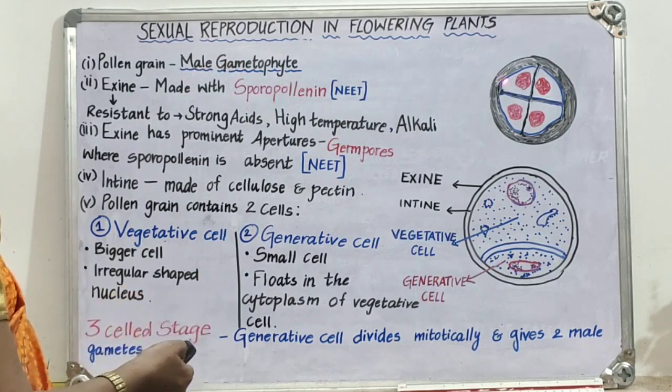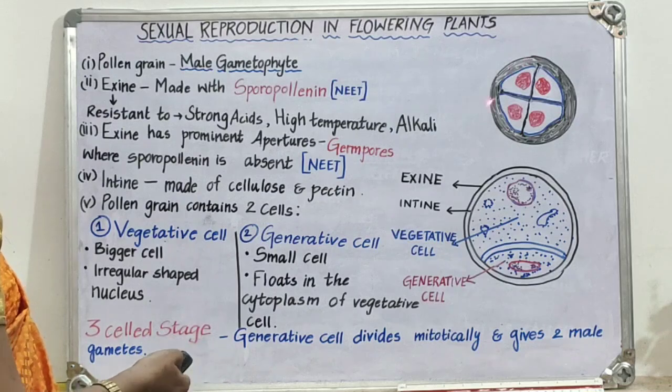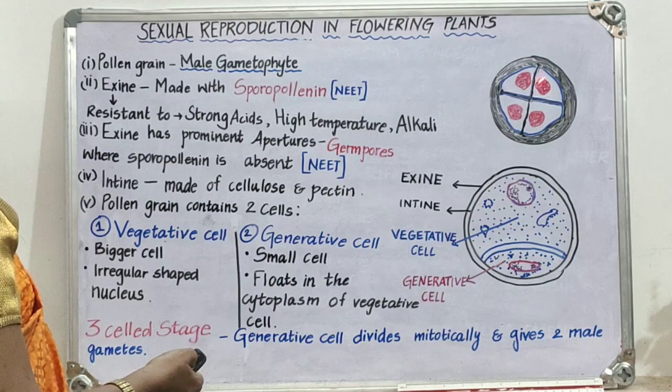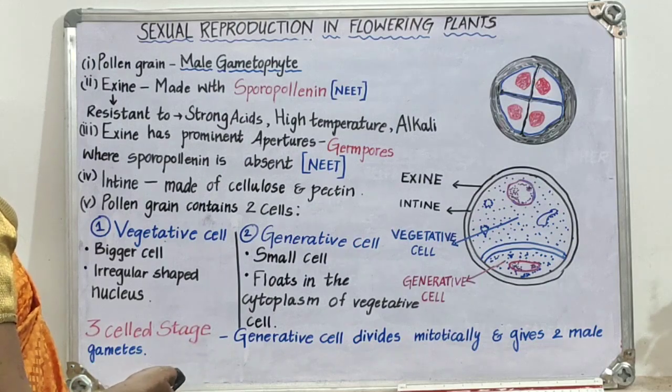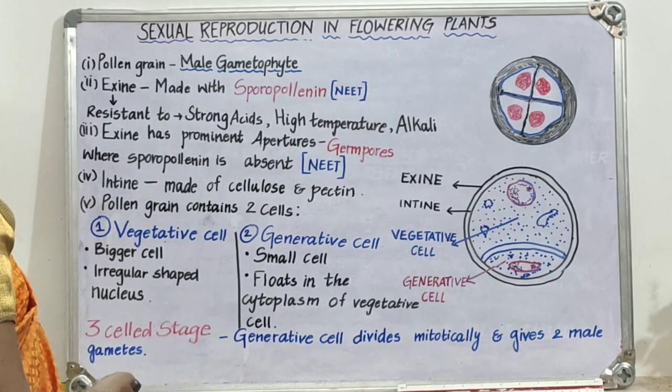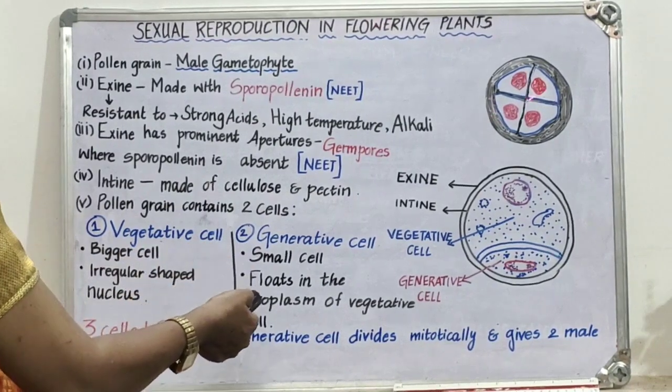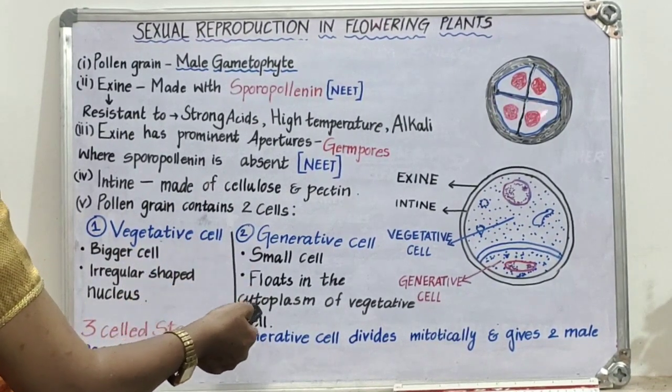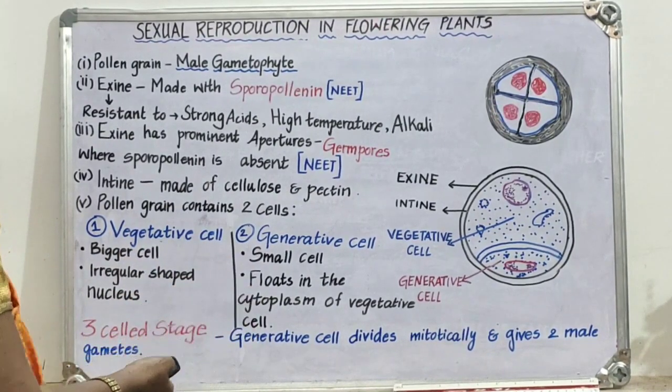Here we have seen this structure which is called tetrad, having 1, 2, 3, 4 cells collectively. So here we see the pollen grain tetrad, and when it develops we can see here the actual structure of the pollen grain.